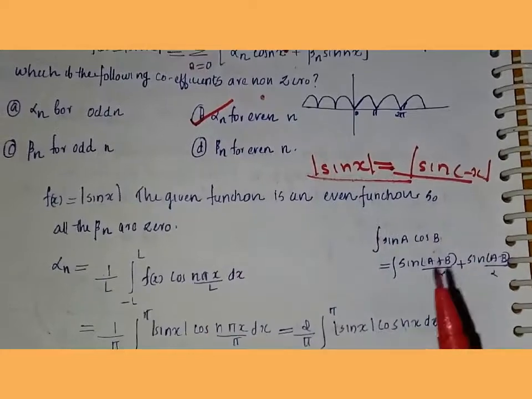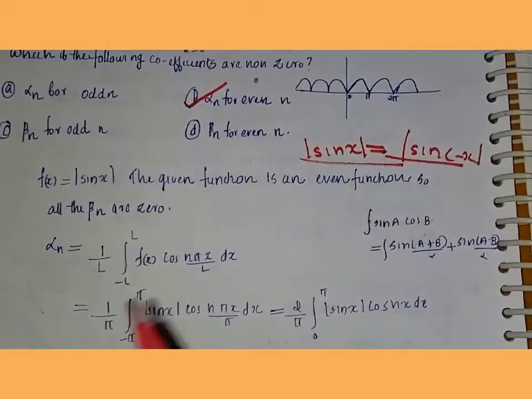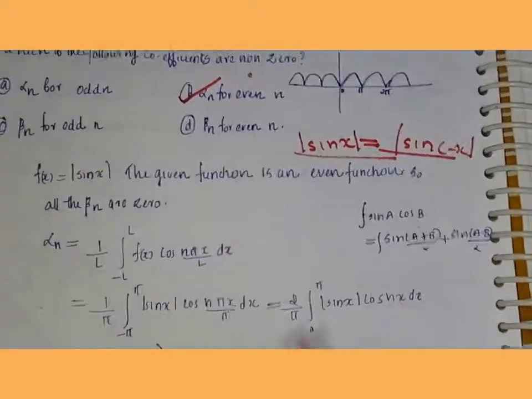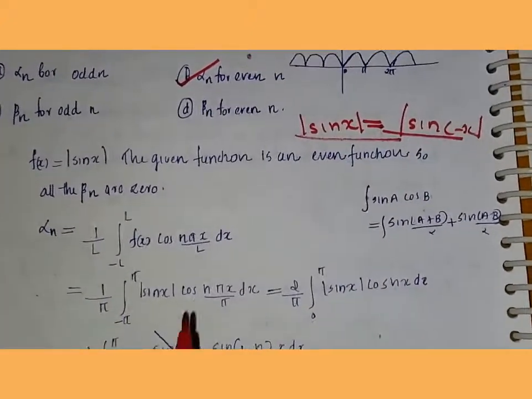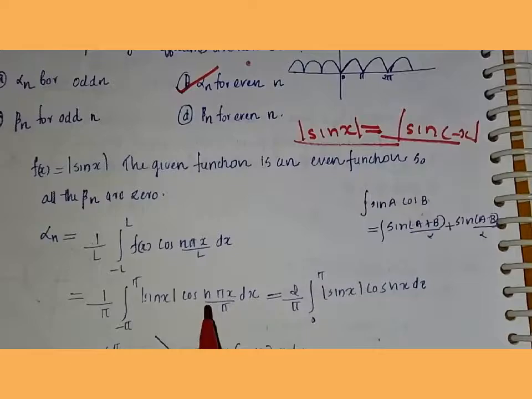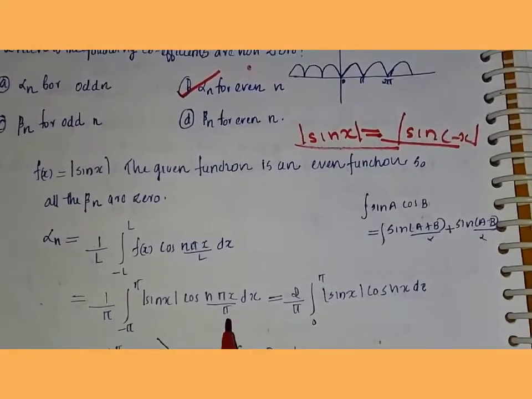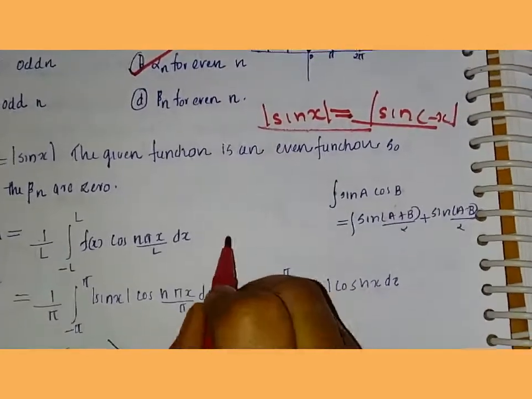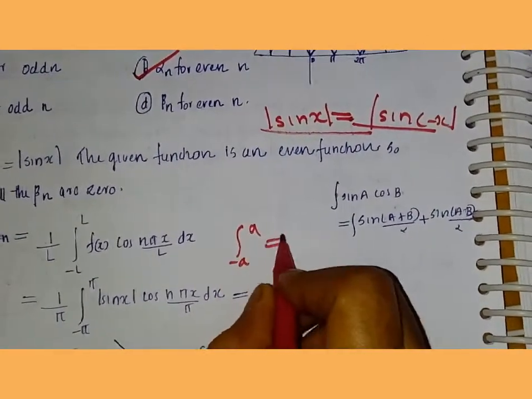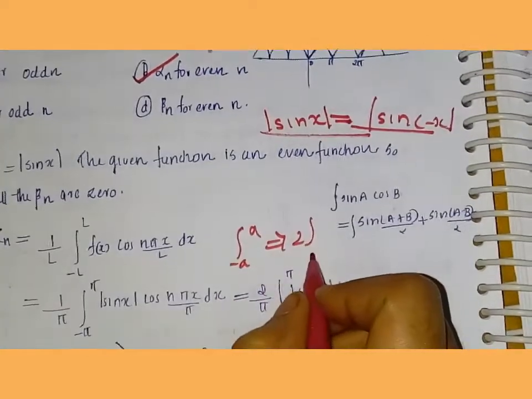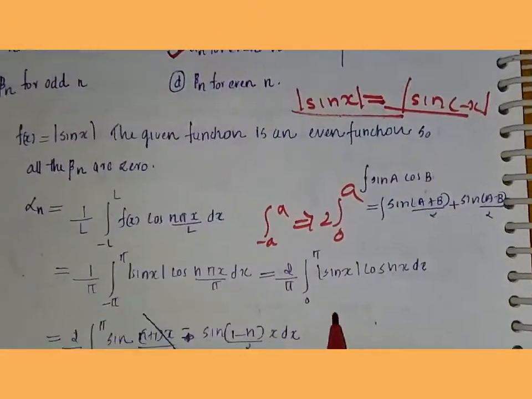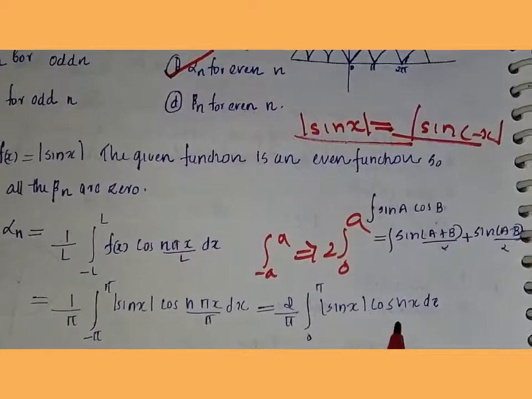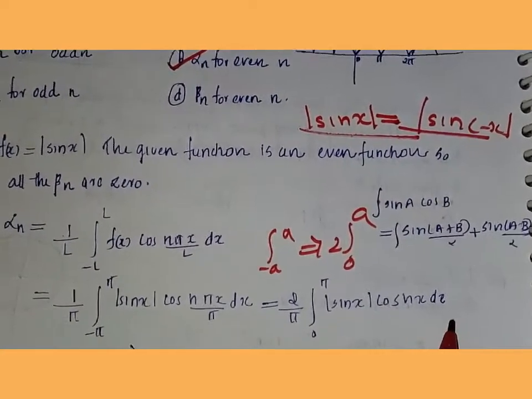So the integral limits are from minus pi to pi, the length of the wave, and the function is mod sin x and cos n pi x divided by L, with L as pi, dx. Here we know that integral minus a to a can be replaced by 2 into integral 0 to a. Here also we can change, that is 2 by pi integral 0 to pi mod sin x cos n x dx.